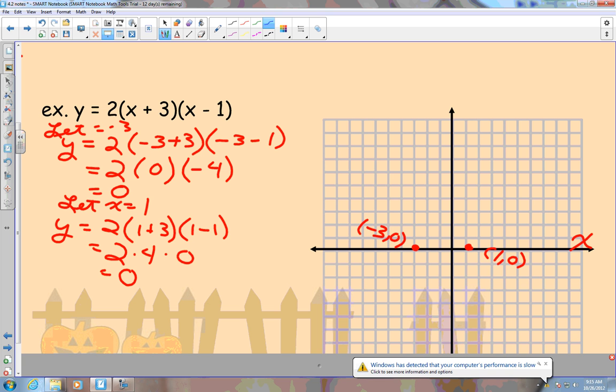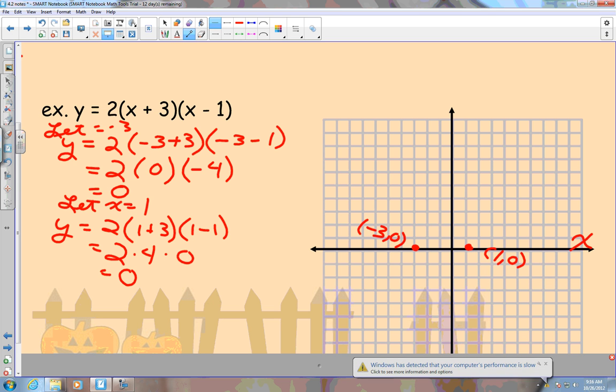My x value for my vertex, where's it going to have to fall? On the negative 1 line. You are correct. How did you figure that out, Kathy? Yeah. You divide that space in half, right? From here to here, 1, 2, 3, 4 units across, so it has to be 2 units away from the axis of symmetry.